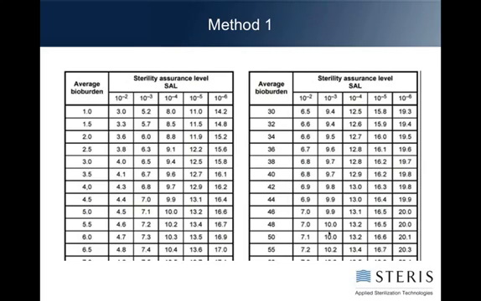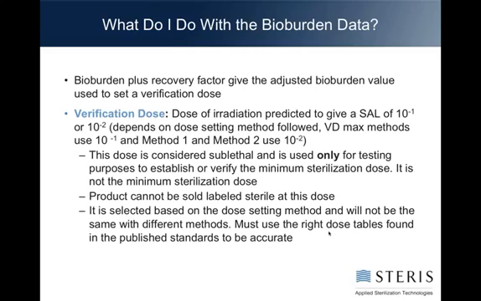The most common of which will be that 10 to the minus 6 column, which is the one that will most commonly be used as your minimum sterilization dose if you pass your sterility test. So in this one table for Method 1, you get both a verification dose and a minimum sterilization dose based on your bioburden.